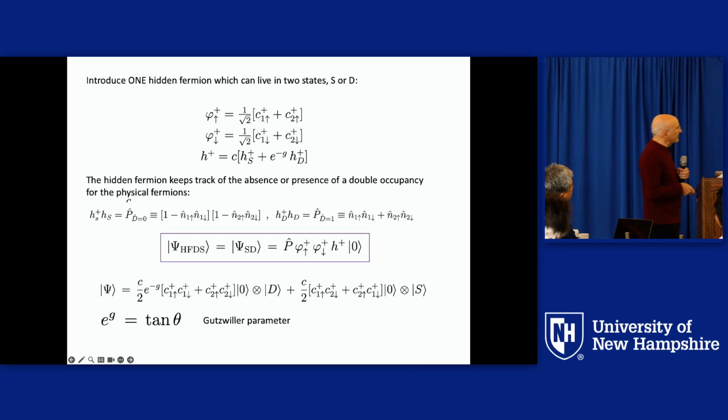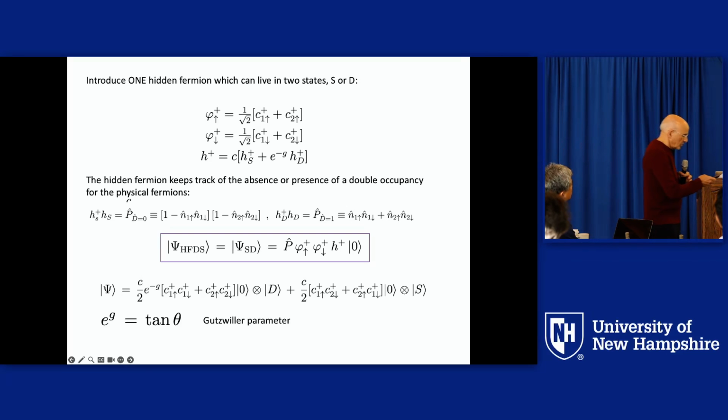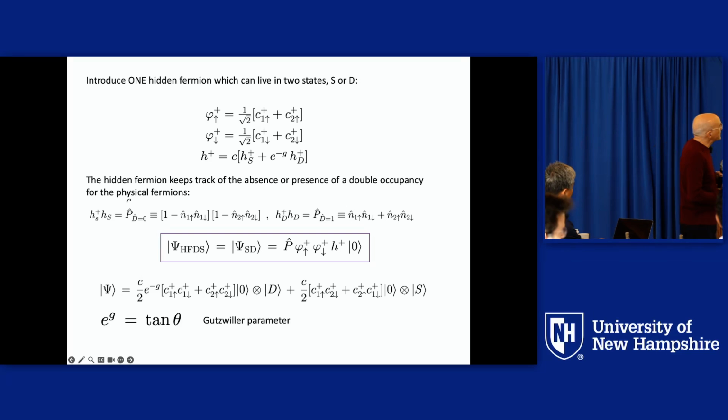Of course, the big advantage of this thing is that now your wave function is a single Slater determinant, so you can do everything you usually do with Slater determinants, you can update them quickly and so on and so forth. And the thing you need to do is to learn the projection from the enlarged Hilbert space to the physical Hilbert space.